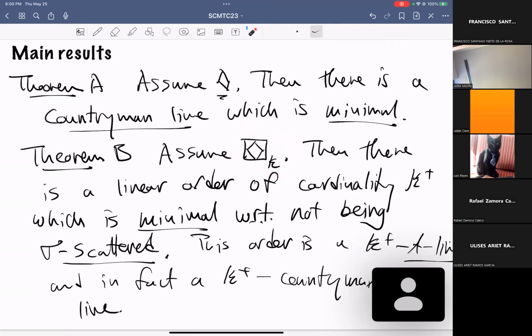And it's well known that in order to get a singular strong limit where square fails or where SCH fails, that requires large cardinals. So if there are no minimal orders of cardinality greater than omega 1, then you must have an inner model with a measurable, for instance.